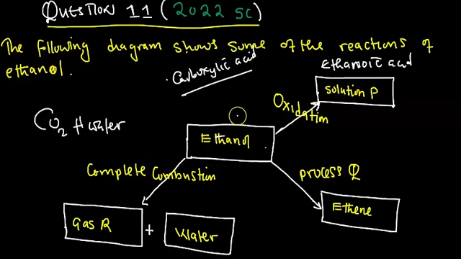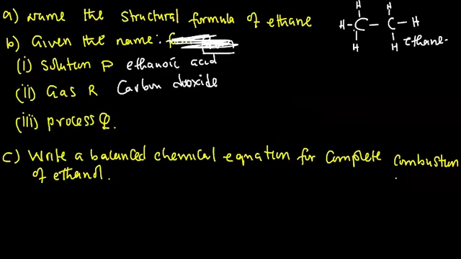An example of an alkene is ethene. So when you add water to ethene, you're going to form alcohol. But when you remove water, you're going to form ethene. So this process is called dehydration, since the formation is called hydration.